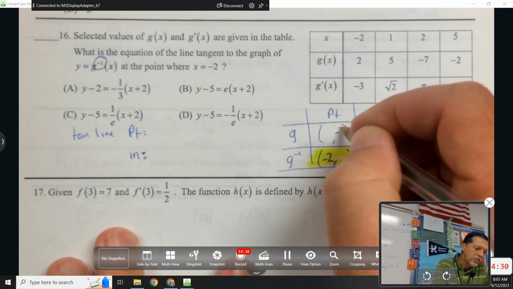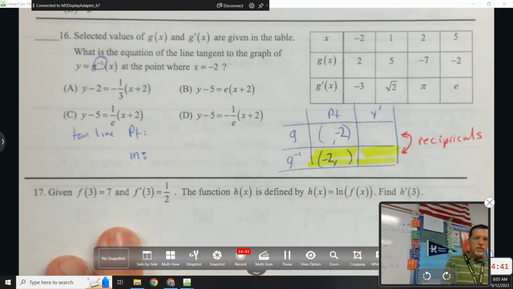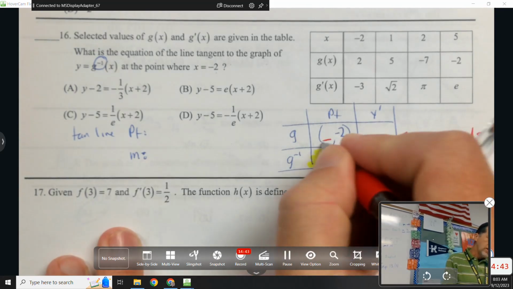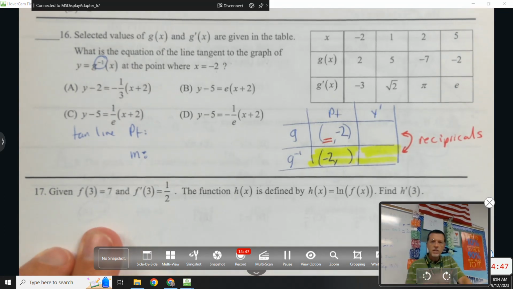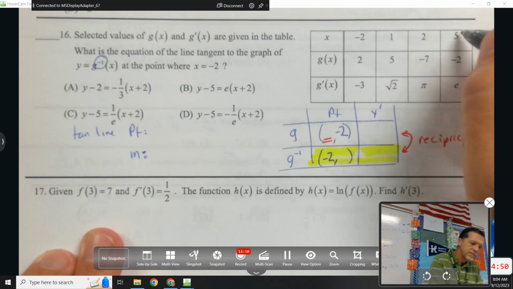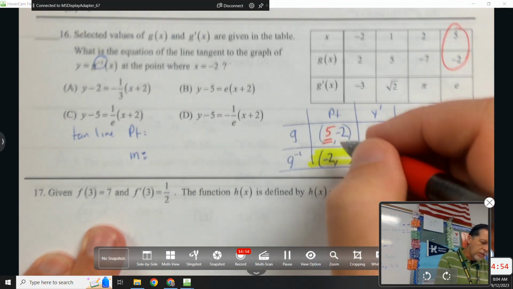It's the y for g. And how does that help me? Because then I can find the x that goes with that y. So what x value gives me a y value of negative 2? Right, 5 gives negative 2, so that's a 5, which means this is a 5.